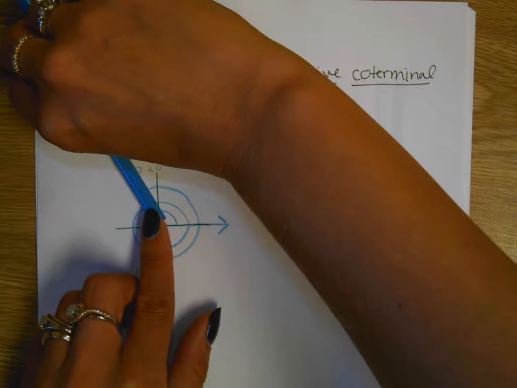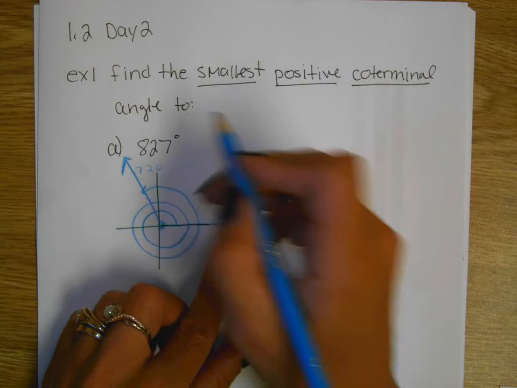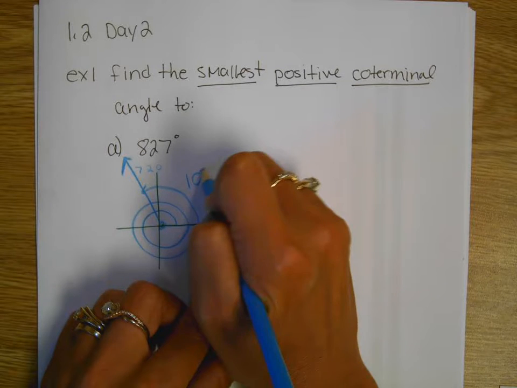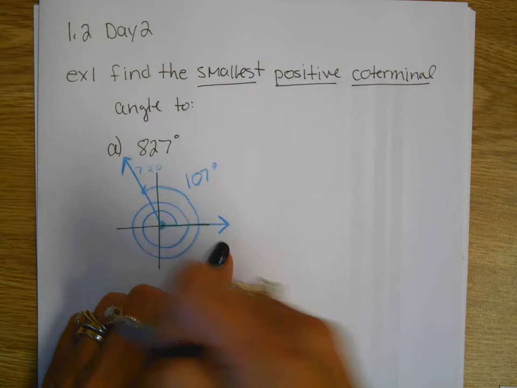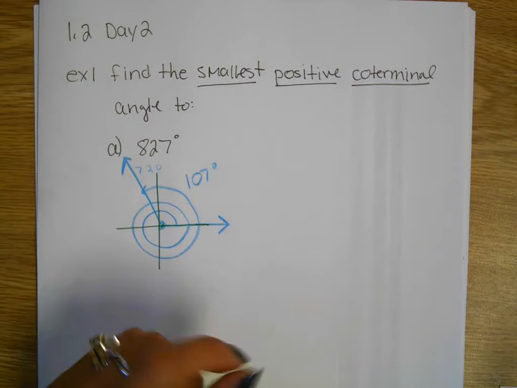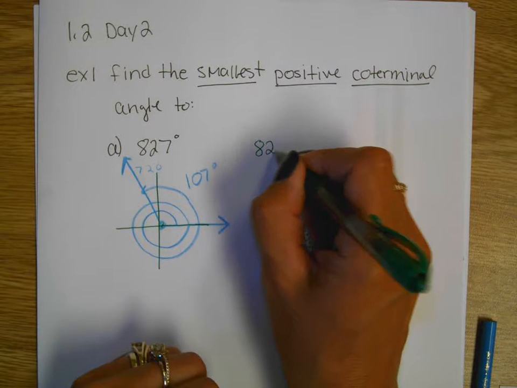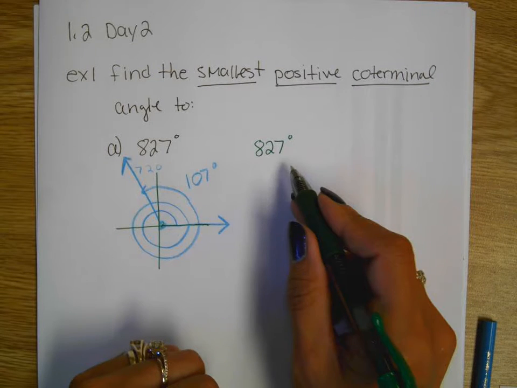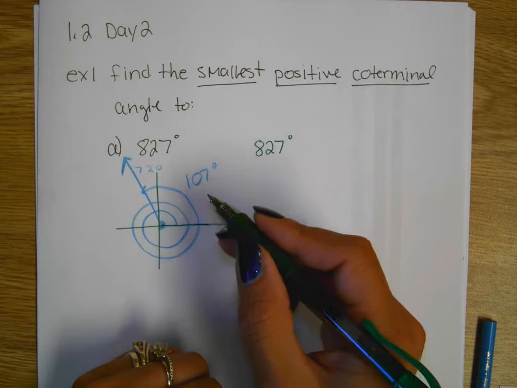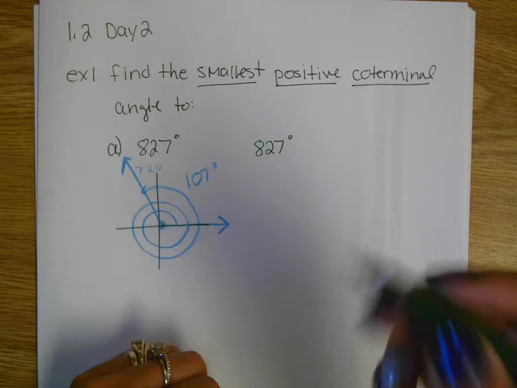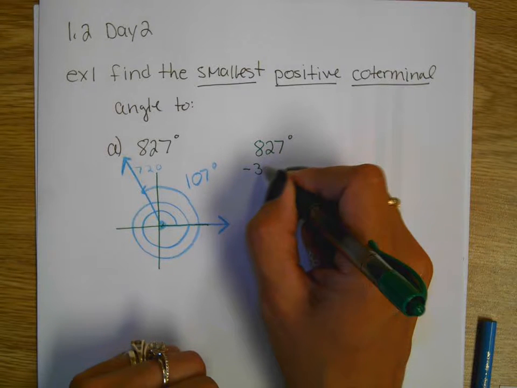What is it? 107. Okay. What's going to be our process so we don't have to draw all this out to get that? All essentially we need to do is start at the 827 and then keep subtracting a full rotation. How many degrees in a full rotation? 360. So we're going to back up one full rotation.